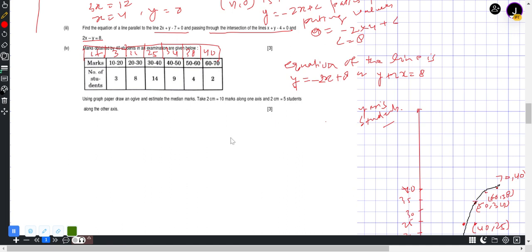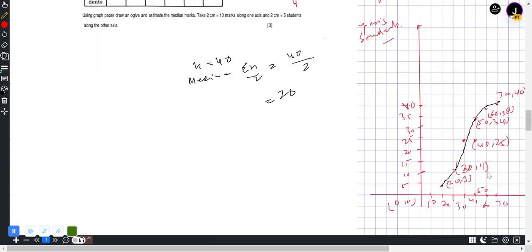Now they are saying you have to find the median mark. What is the total number of students? That is 40. So the median will be n by 2, that is 40 by 2, which is 20. At 20, we'll draw a line and find its value on the x-axis.